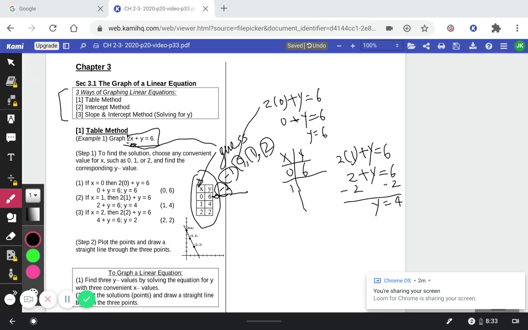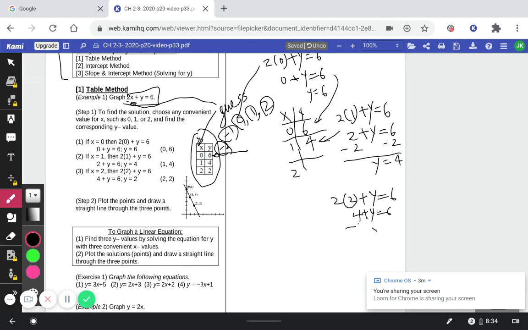Again, if you put x as 2, then 2 times 2 plus y equals 6, so 4 plus y equals 6.